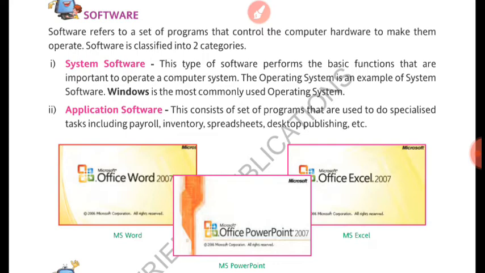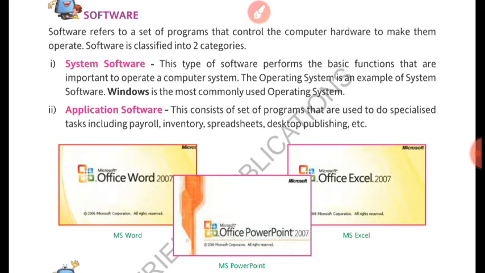System software makes the hardware workable, makes the hardware operate, like an operating system. Windows is an example of an operating system. Windows, Linux, Unix, Mac, Ubuntu, there are many categories of operating systems. These are all system software. Application software makes our work easy. Application software works over the system software.